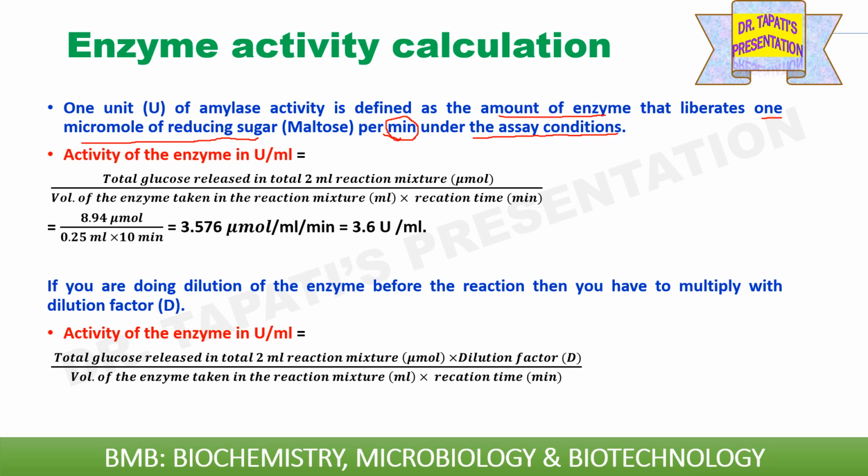So the activity of the enzyme in unit per ml is equal to the total maltose released in the total 2 ml reaction mixture in micromole, divided by the volume of enzyme taken in the reaction mixture in ml, into the reaction time in minute, because we have to calculate it per minute.